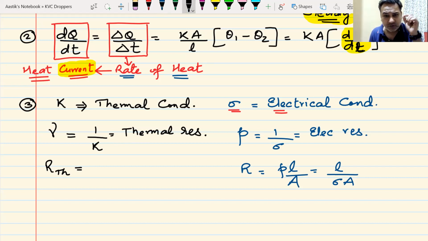Now, can you tell me what would be the formula for thermal resistance? Looking at what is there on the right hand side. If you can make it out, you'll always remember it and you will never get puzzled.